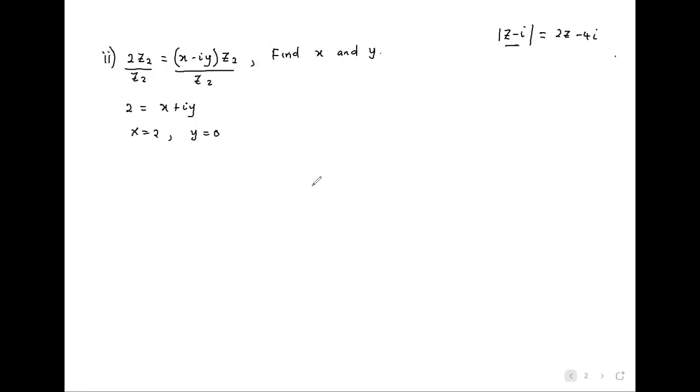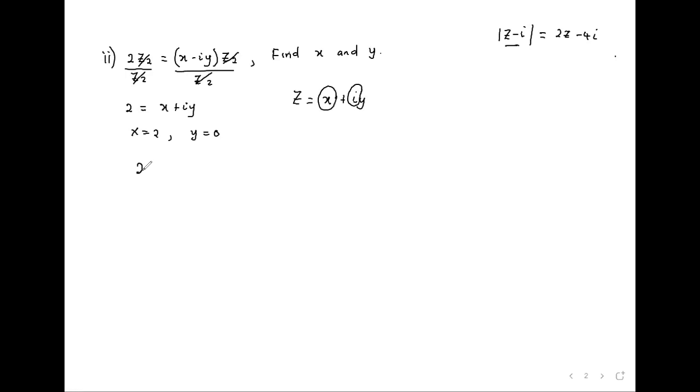How have you arrived at y is equal to 0? This z here has cancelled. So we have 2 is equal to x plus iy. Now x is a constant. In z, you're supposed to have x plus iy. The y is the one that is being multiplied by i. The x is the one standing alone.